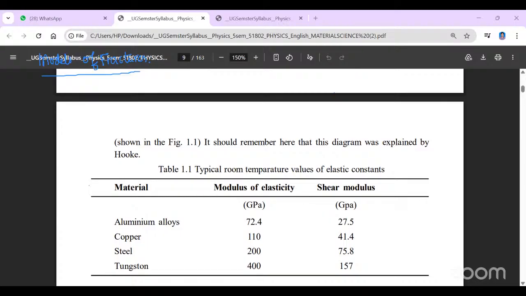Fractures are classified into two categories, namely brittle fracture and ductile fracture.